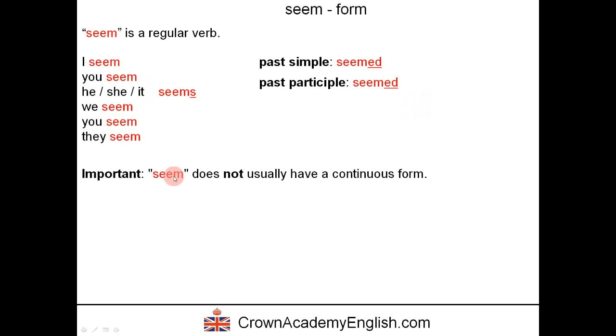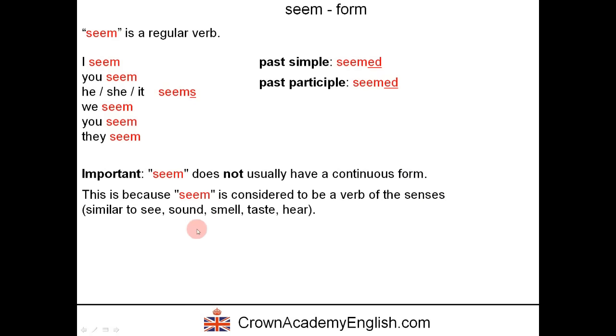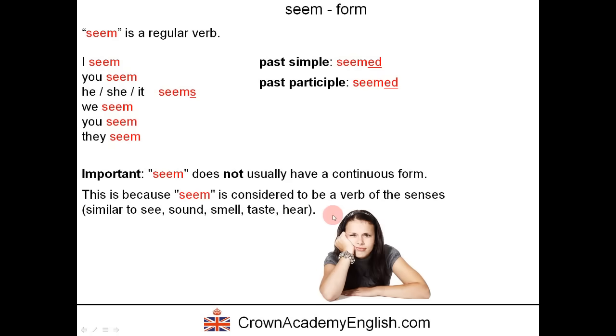Important: seem does not usually have a continuous form. So it does not usually have an ing form. This is because seem is considered to be a verb of the senses, similar to see, sound, smell, taste, hear, etc. Example: this is correct.